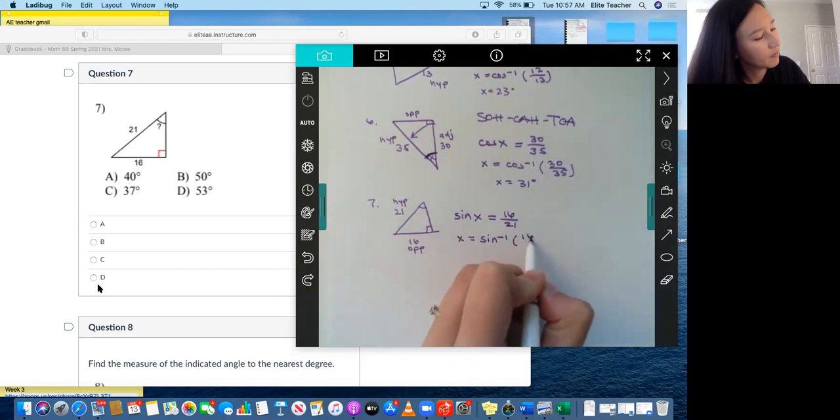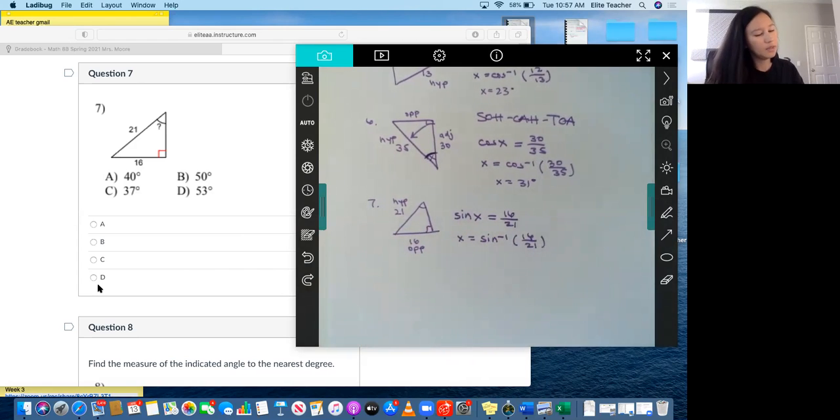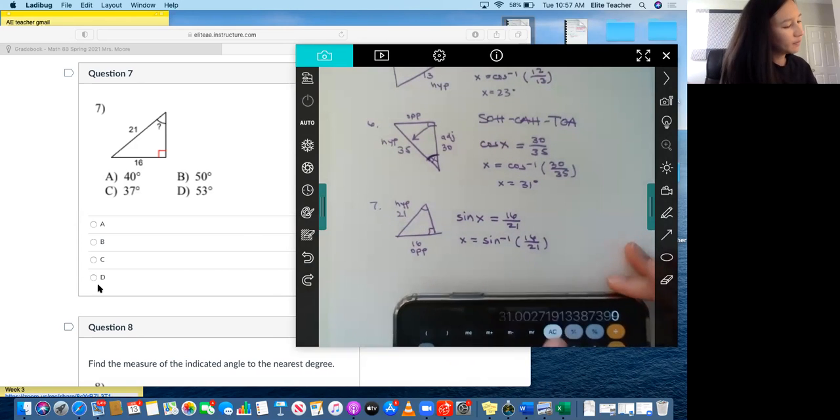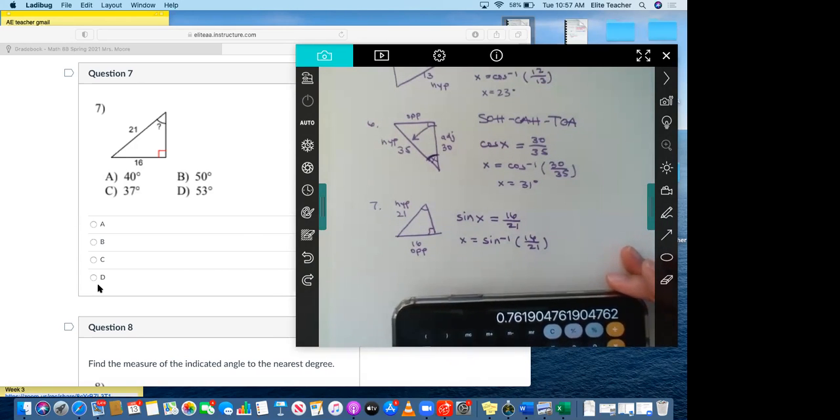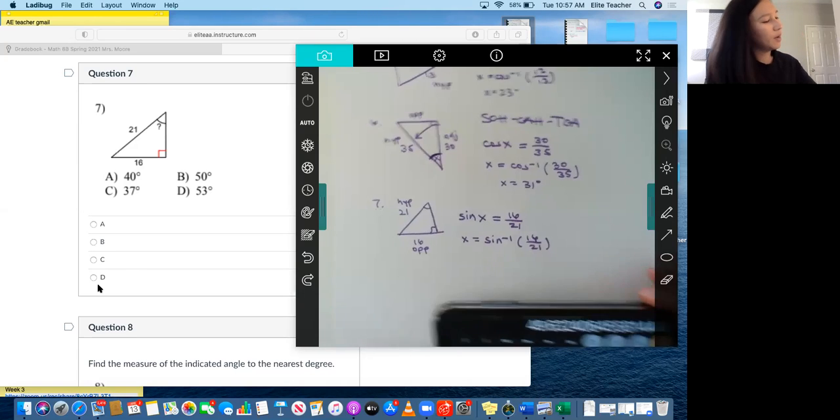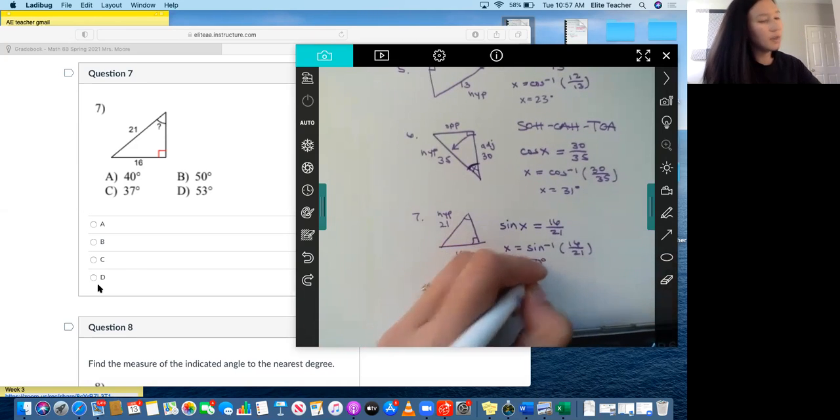Then we solve for our angle. 16 divided by 21, and then we take the inverse sine, 49.6, which rounds to 50.